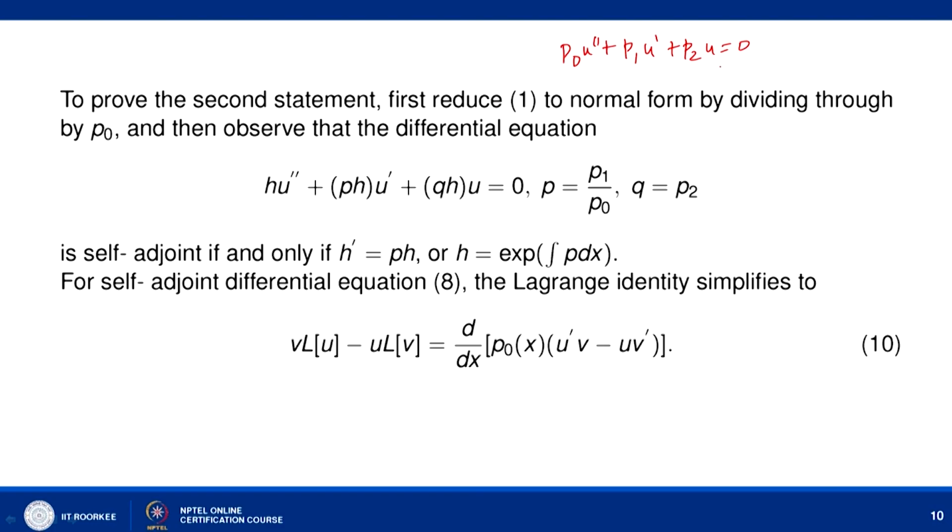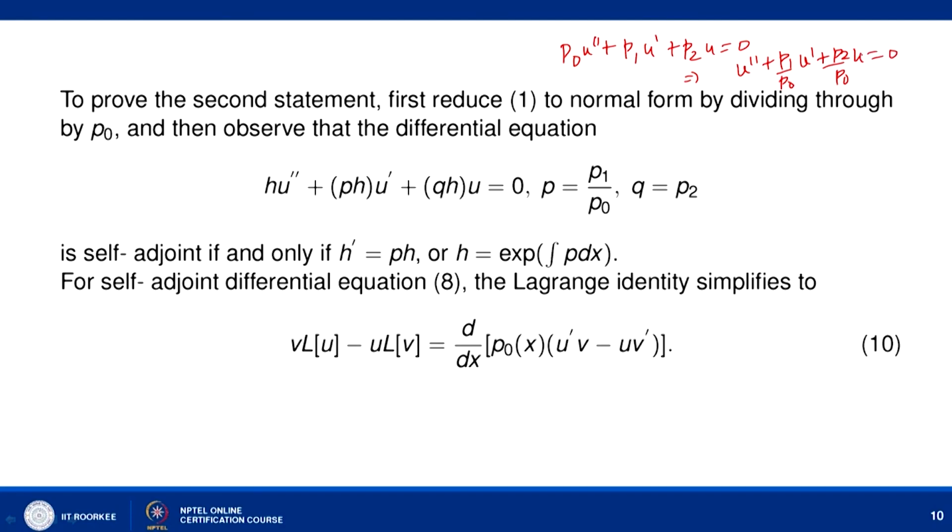Before that, let us assume that P naught is never 0, so we can divide by P naught. When you divide by P naught, we write it as u double dash plus P1 by P naught u dash plus P2 by P naught u equal to 0.